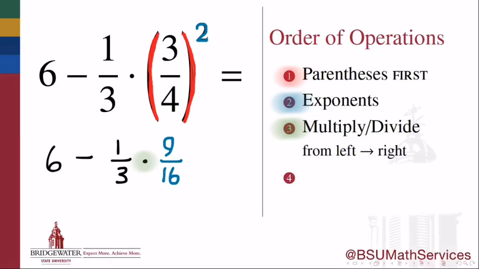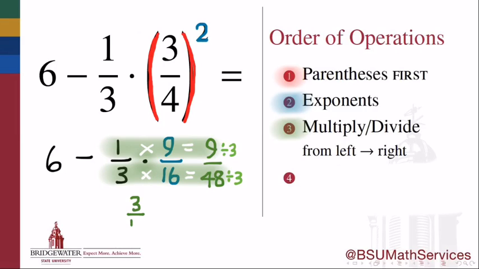Again, because of how we know to multiply fractions, we can multiply 1/3 by 9/16 by multiplying straight across: in the numerator 1 times 9 to give me 9, and in the denominator 3 times 16 to give me 48. Reducing that fraction into its lowest terms involves dividing the numerator and denominator by 3 and arriving at 3/16, completing the multiplication step in the evaluation of this expression according to the order of operations.